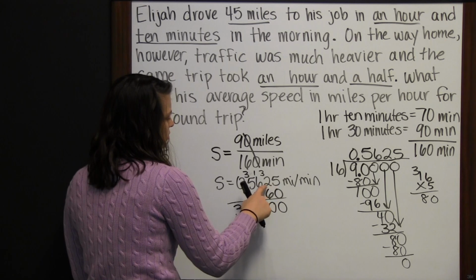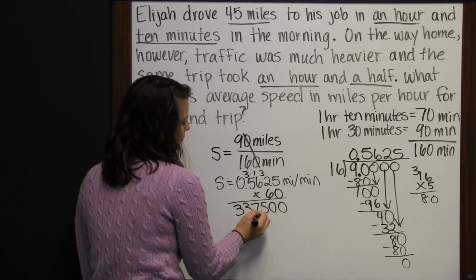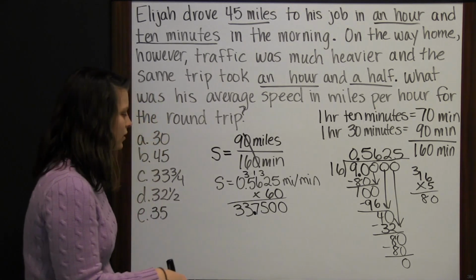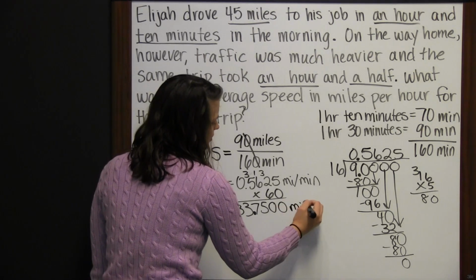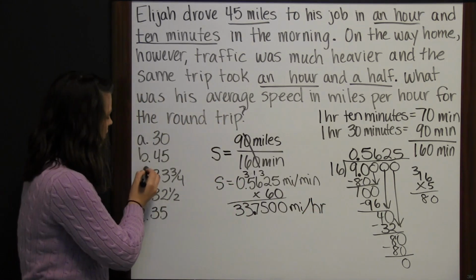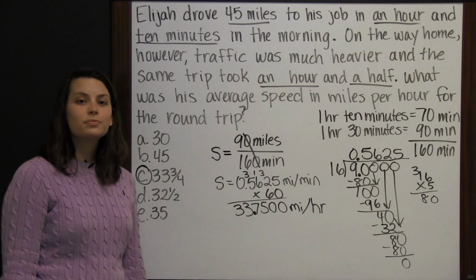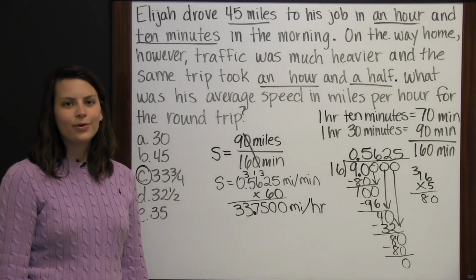And we have 1, 2, 3, 4 numbers behind the decimal. So your answer should have 4 numbers behind the decimal. So it's 33.75 miles per hour, which is the same as 33 3/4 miles per hour.